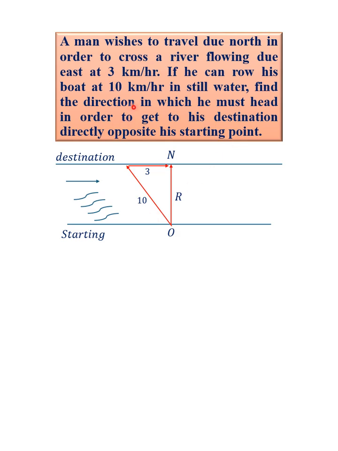Find the direction in which he must head. Tell us what angle he must go. Let's call that angle theta. If we can find the value of theta, then we can describe exactly how the man must head in this direction to get to his destination at point N, knowing fully well that the river is flowing with a speed of 3 km per hour.